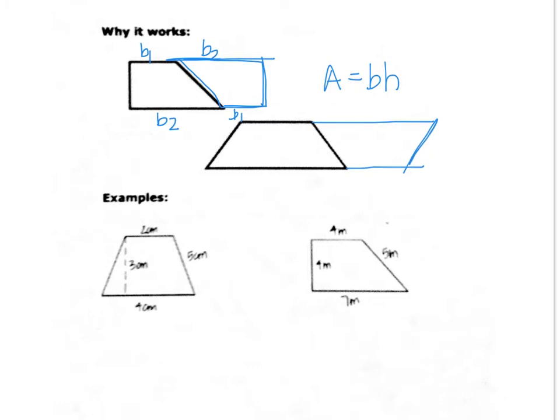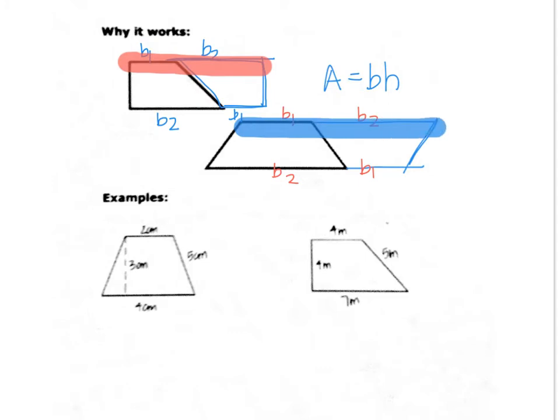So what I have to do is I have to find the measurement of that entire base. I like to call it super base. And then I'm going to divide it in half because I only have half of the shape. So like on this one, here's our base 1, here's our base 2. So when it copies and pastes, here's base 2 up here, here's base 1. And I just need the side of it. So let's do that one in blue.